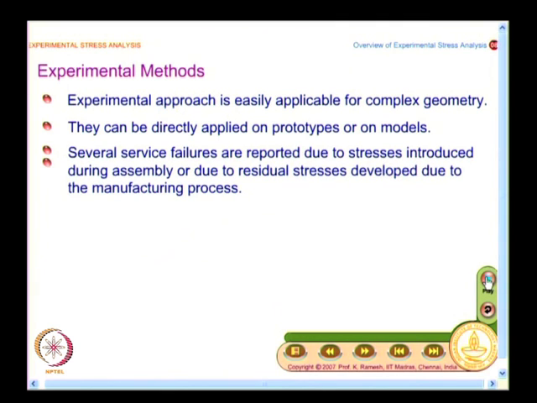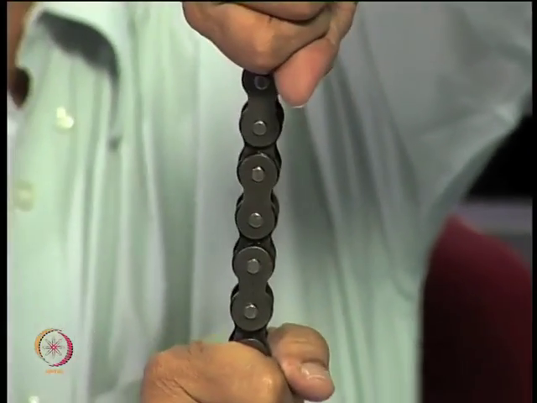And another area where experimental methods are the ideal choice is in the area where you have assembly stresses or residual stresses. Now, I take a very simple example of a chain, and this you have it in your bicycle.